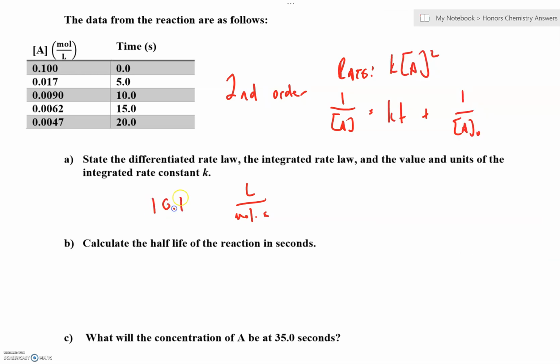Now, if you don't want to do it that way, you could do it by picking a time and a concentration and plugging everything in. And so doing that, K would be equal to 1 over A minus 1 over the initial concentration, which is 0.1 moles per liter.